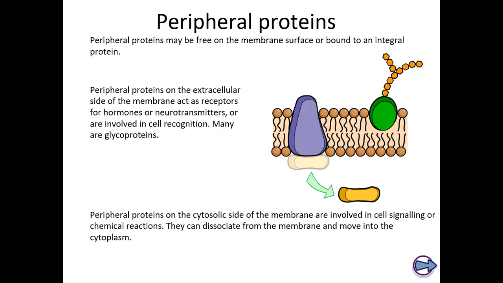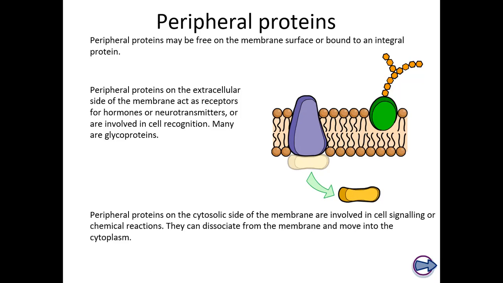So often what will happen is maybe this was also a receptor protein, a hormone comes and attaches on, and then some cell signaling needs to carry on. So it might be that something's signaled a hormone, or something else has received another piece of information, and then another chemical reaction or another cell signaling happens inside.